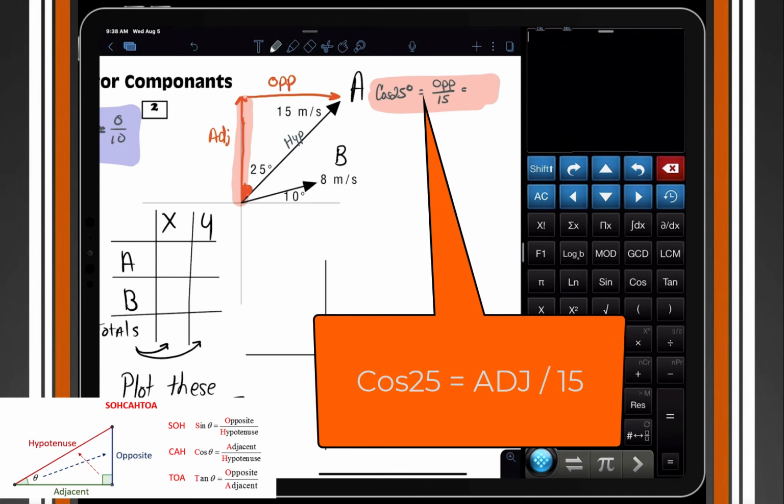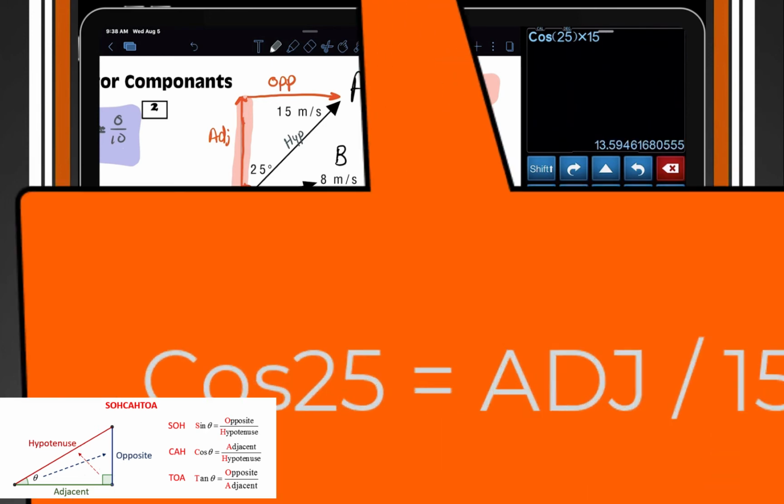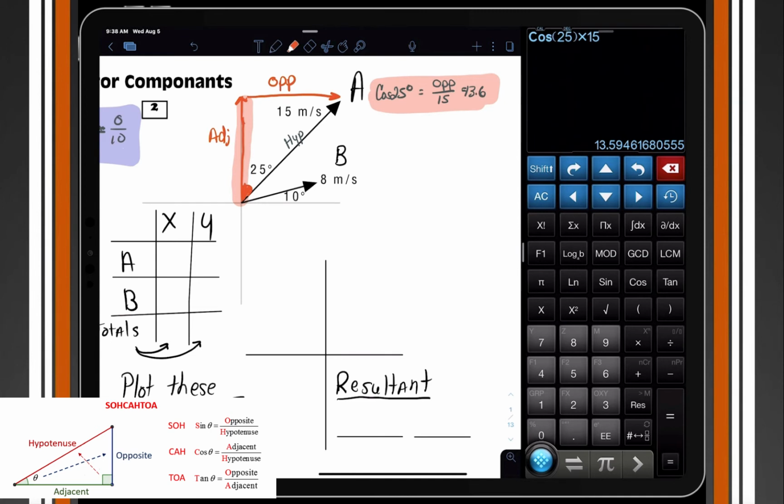We go cosine 25, close it, times 15 equals 13.6. That 13.6 belongs on the y-axis. You can see I actually tried to put it on the x there and realized it's on the y-axis. I have it highlighted, so I have to put it in the right spot.